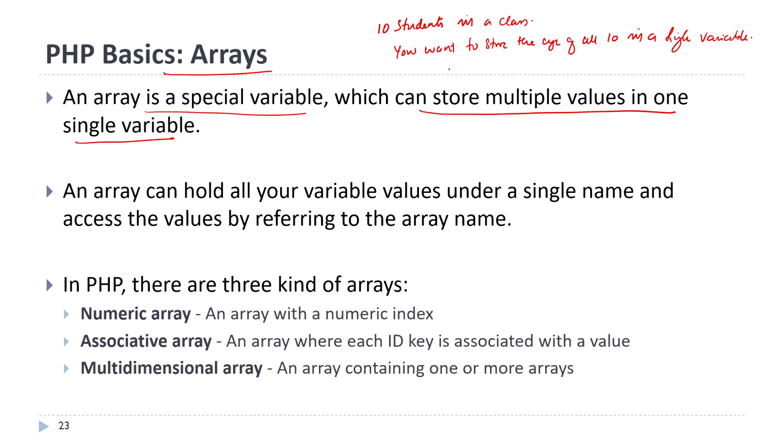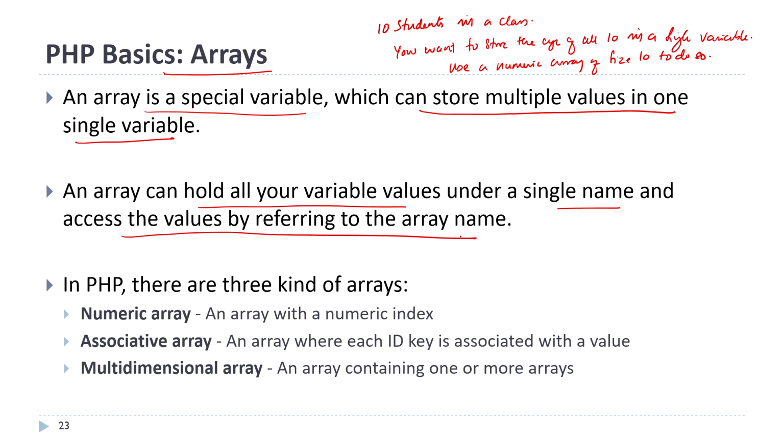Use a numeric array of size 10 to do so. In a single variable, you can store multiple values. An array can hold all your values under a single name, and you access the values by referring to the array name. In PHP, there are 3 types of arrays.